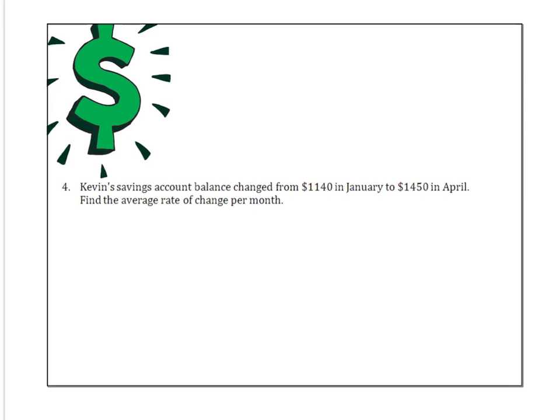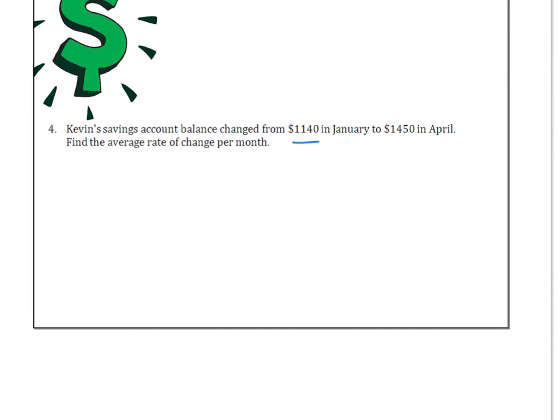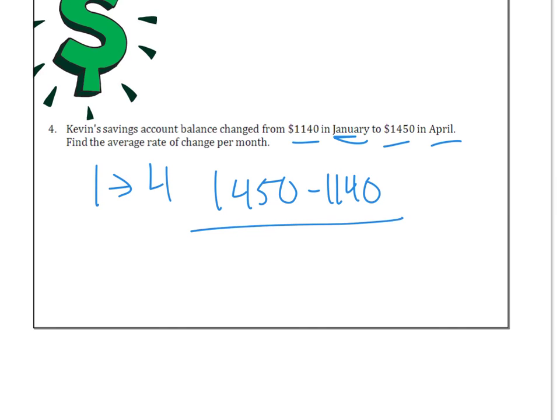So let's take a look. Kevin's savings account balance changed from 1140 to 1450, January to April. So that's month 1 to month 4. So I'll take 1450 minus 1140 over 4th month minus 1st month. That's going to be $310 over 3 months.